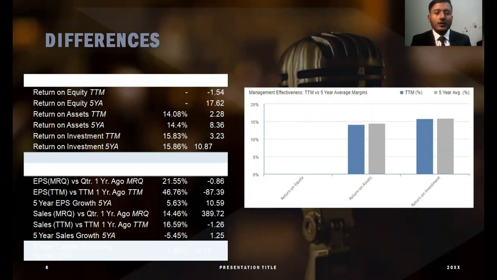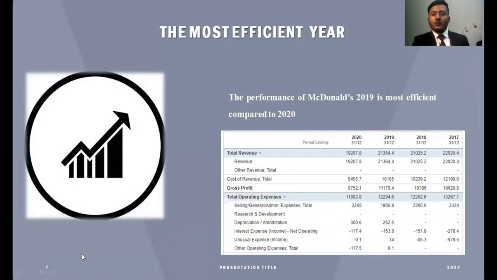Now, the most efficient year for McDonald's performance: 2019 is most efficient compared to 2020.